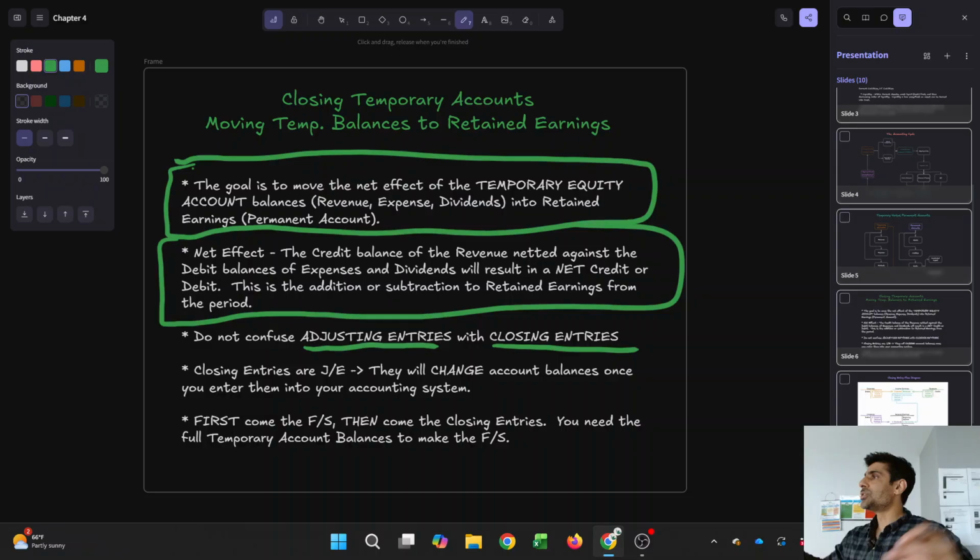Closing entries is just a bookkeeping thing. We're just moving balances around. There are no transactions. There's no economic event happening in our business. We're moving revenues, expenses, and dividends into retained earnings. And we'll see how that's done again in a second.